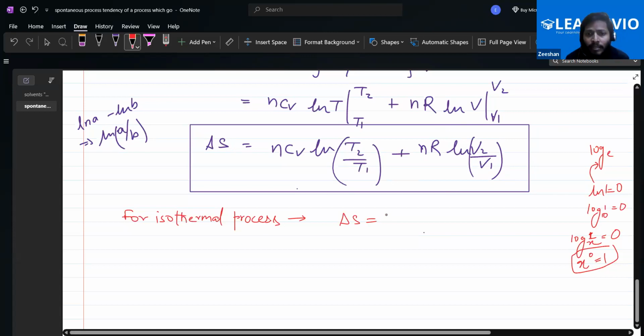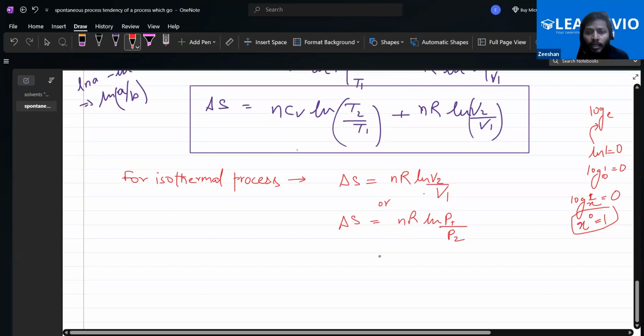So delta S, this will cancel out, and the final answer will be nR ln V2 by V1. See how I have written this.